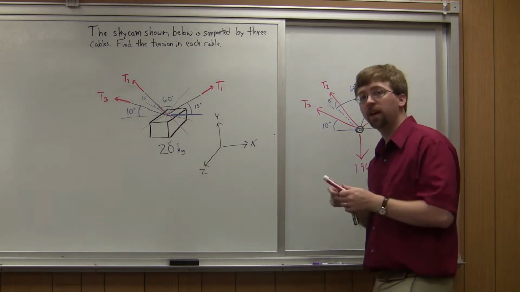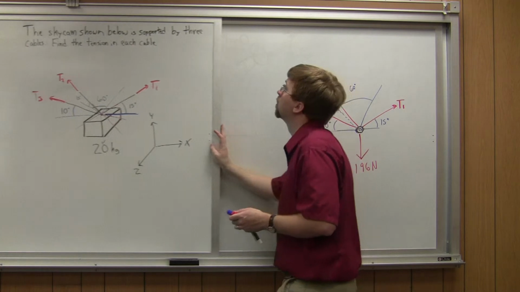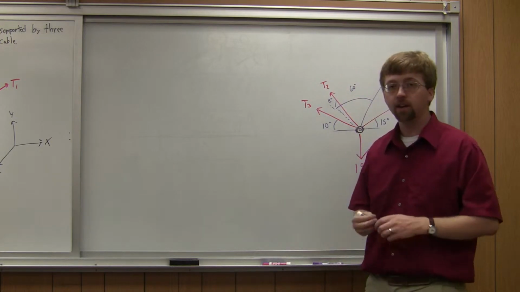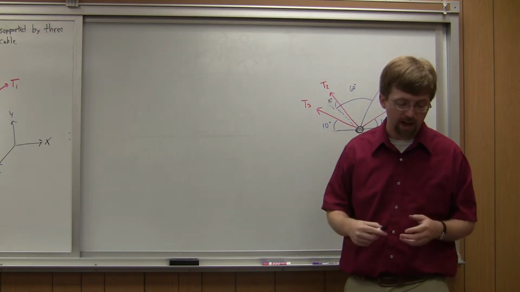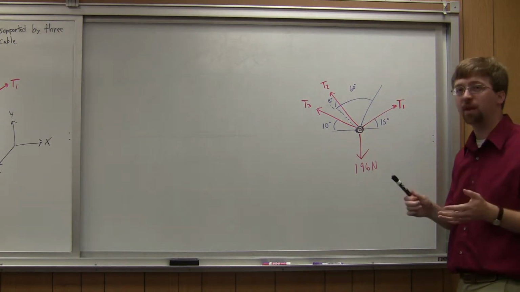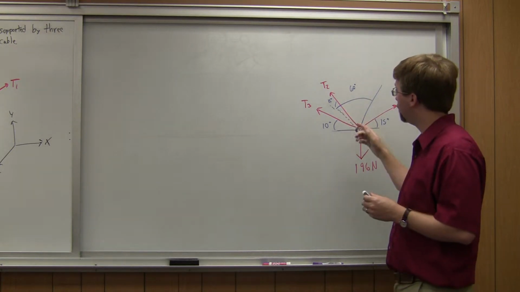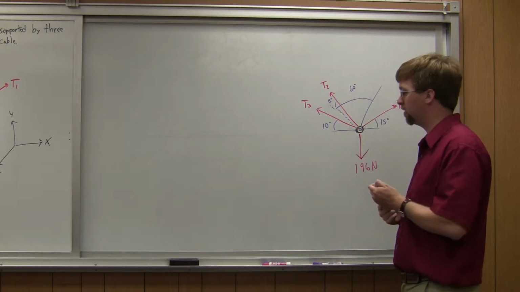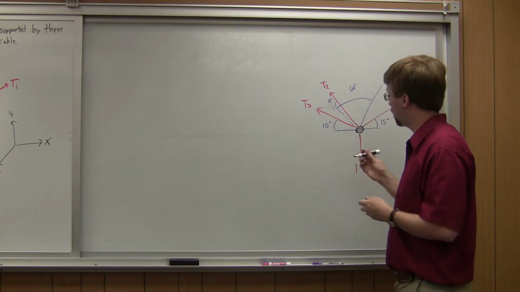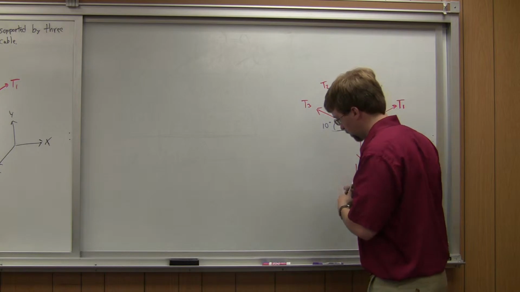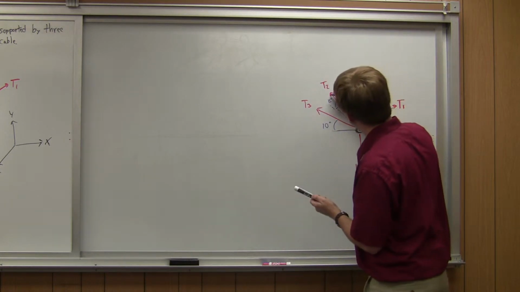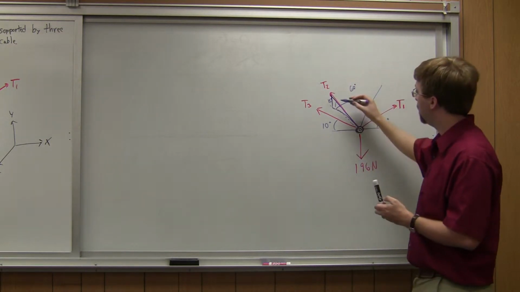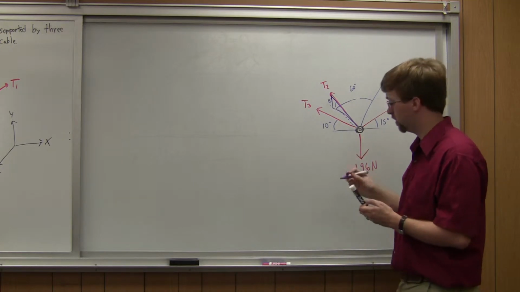So with this, let's start writing the equations of equilibrium. All right. So starting in the x direction, we could do that, but actually, I'm going to take a separate step here first. Because T2 has an x, a y, and a z component, I'm going to go ahead and figure those out first before I start dealing with my equations. So in the y direction, let's use purple as something different. I've got this triangle right here, and I know the vertical part of that is going to be the y direction.